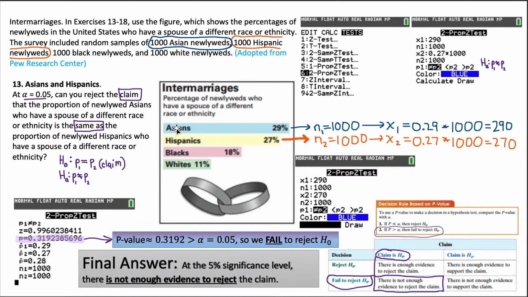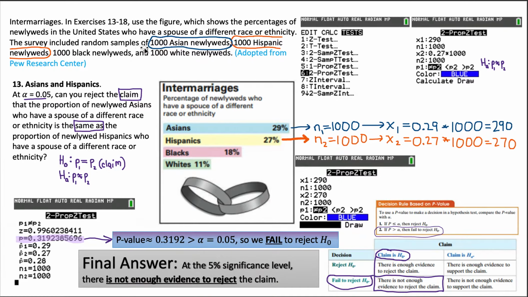Okay? Now, we need to know what our n is. So n sub 1, n for our first population. And again, our first population are the Asians, and it's at 29%. Our sample size for this population is 1,000, and we know it's 1,000 because it's given to us up here in the start of the problem.